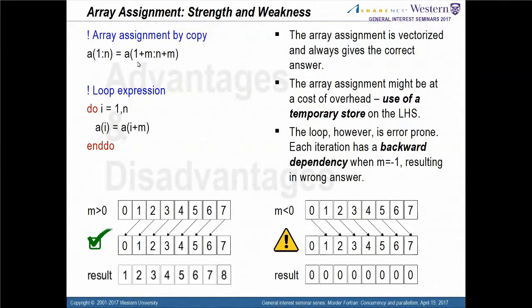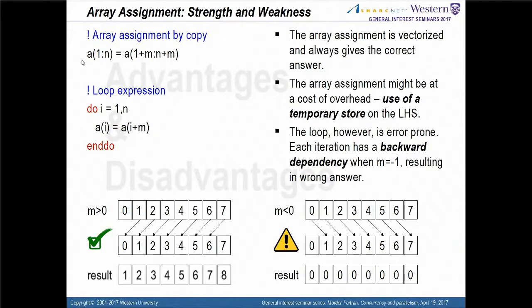You don't see it here, but under the hood, the compiler generates code that uses a temporary store on the right hand side before it replaces the values on the left hand side.